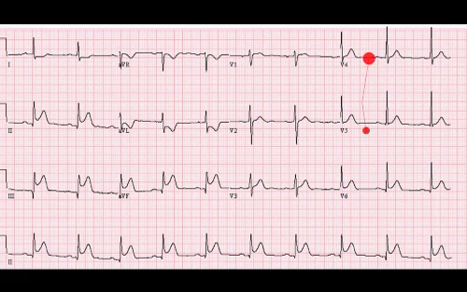Now, significantly, there is nothing wrong with the ST segment in the right precordial leads, as would often happen if this was a true blue acute inferior STEMI.